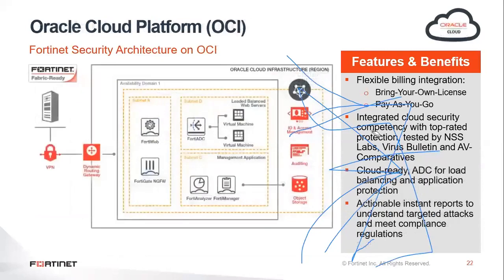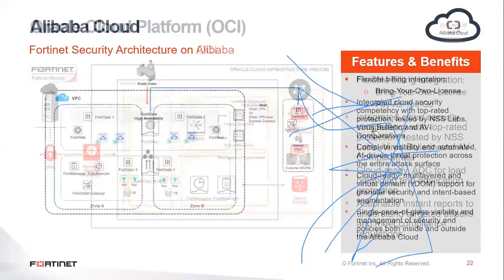OCI, same way like GCP, here Fortinet Security Fabric extends consistent and best-in-class enterprise security as well. Security Fabric protects business workloads across on-premise and cloud environments, which includes multi-layer protection for born-in-the-cloud applications. And lastly, Alibaba.